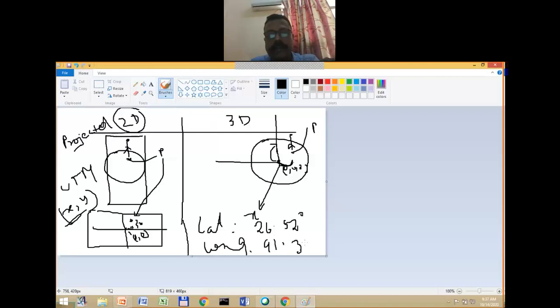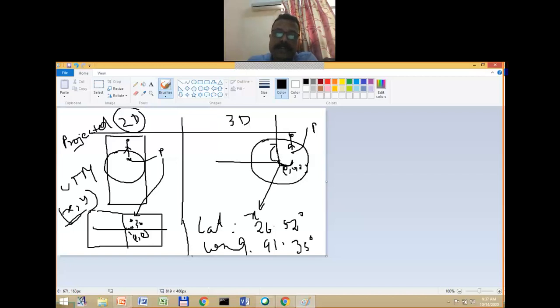This is valid for somebody who is in Assam. So how many degrees you have to come from the center, either clockwise or anti-clockwise, that will be your latitude, and how many degrees along the y-axis or z-axis, that is your longitude. These two values will guide your location.